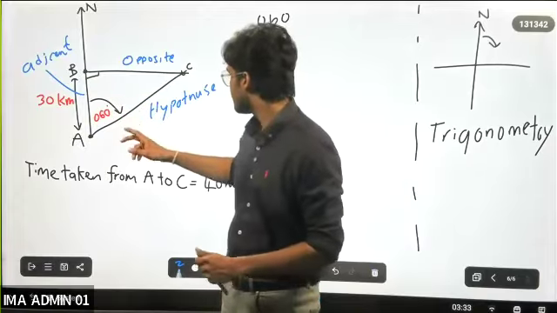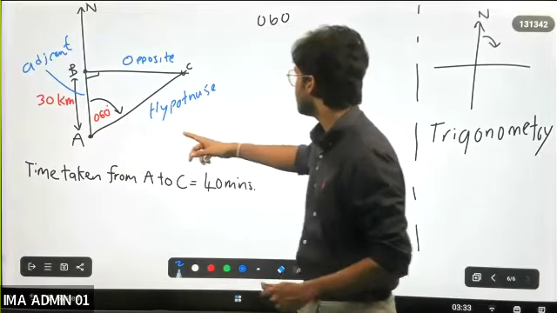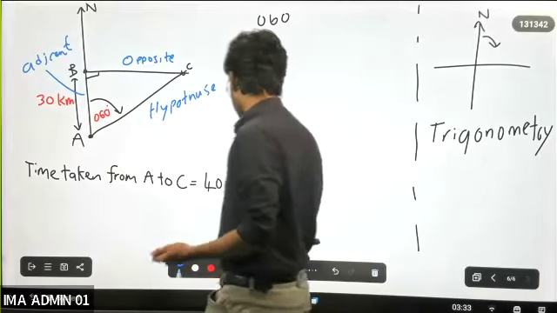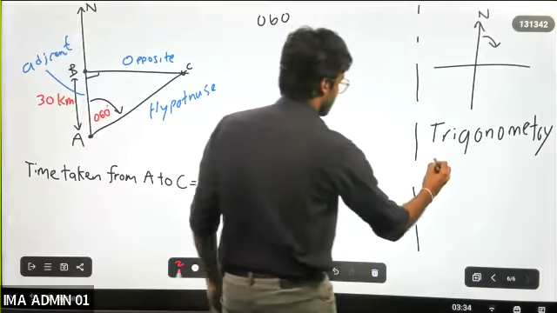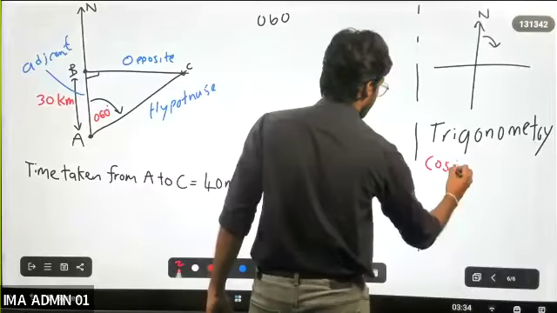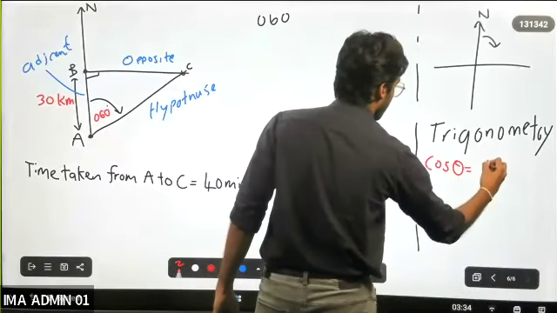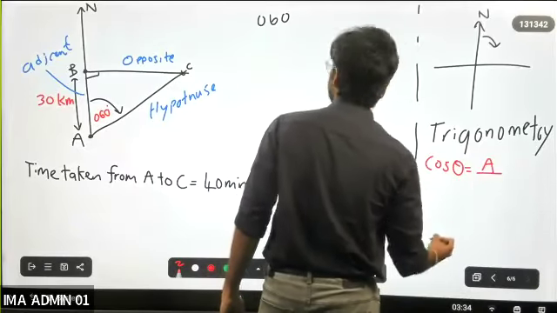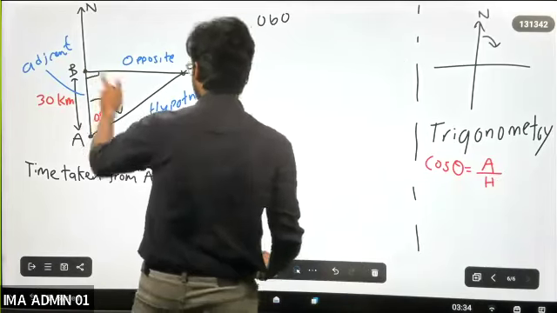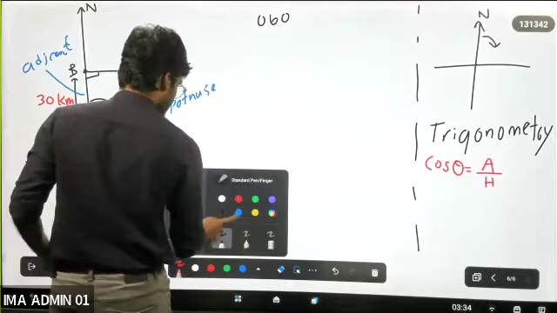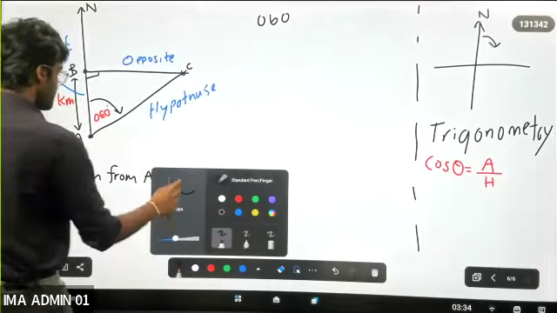Cos theta is equal to adjacent divided by the hypotenuse, right? So we know the adjacent, which is 30.